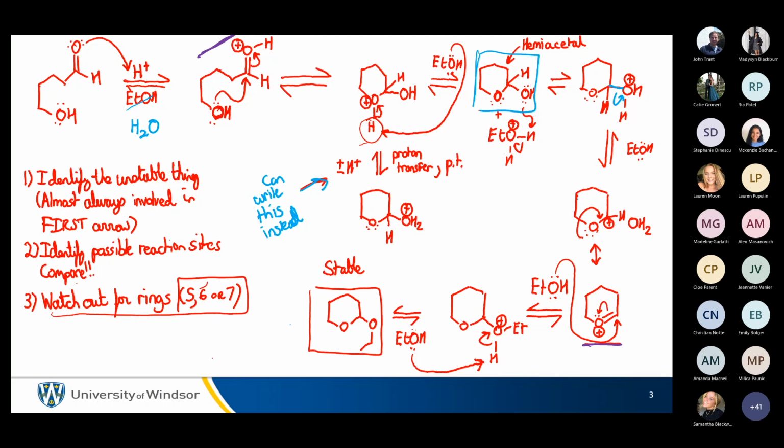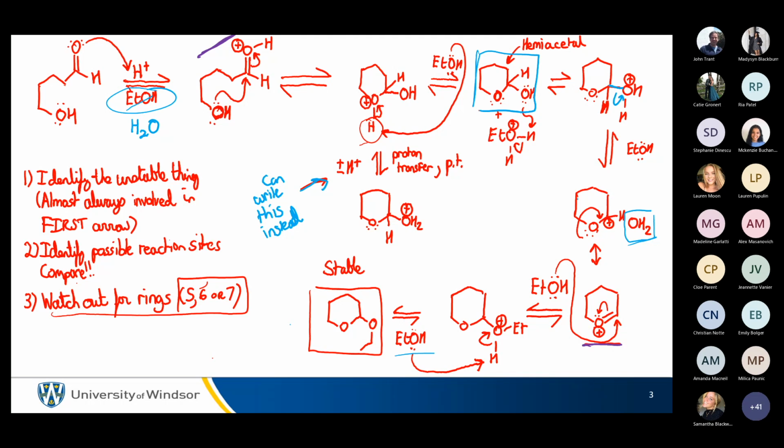Because as Lauren and Faith, I think, were pointing out, we're forming water here. And the reason we're able to form water is because of Le Chatelier's principle. We're essentially trading a water for an ethanol. And that makes sense because this reaction is being done in ethanol. There's a lot of ethanol, there's not a lot of water. We prefer to add ethanols to things and add waters to things.